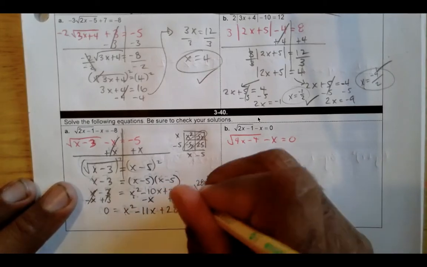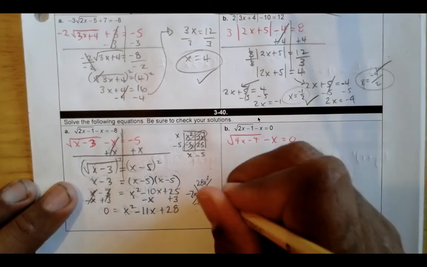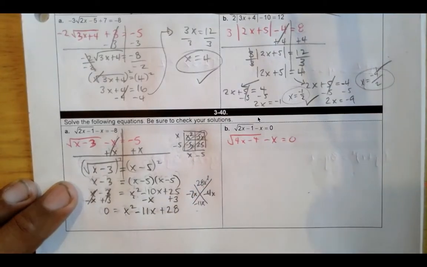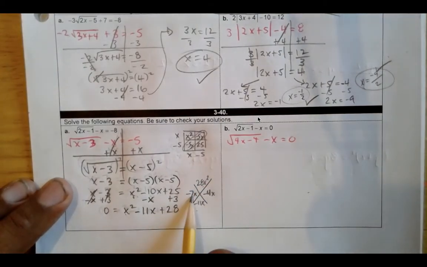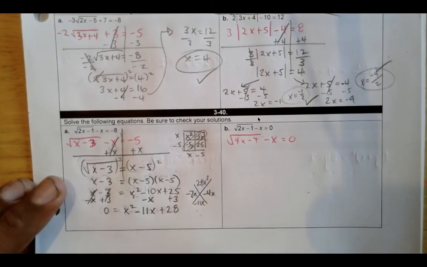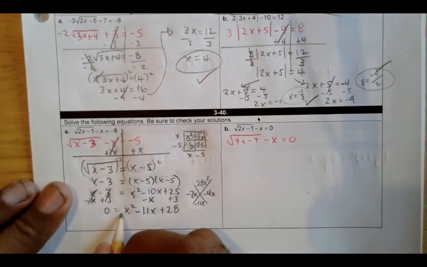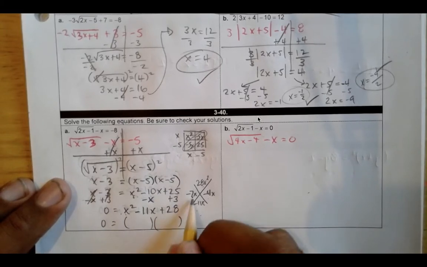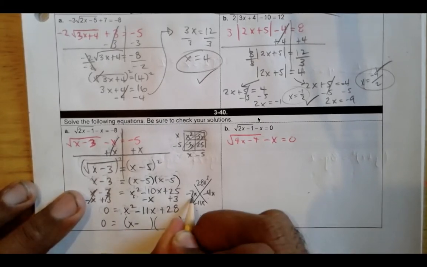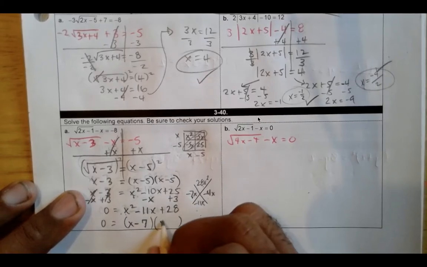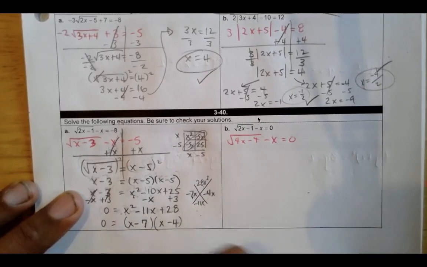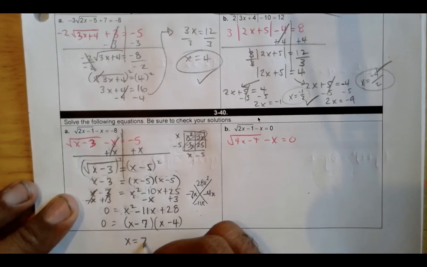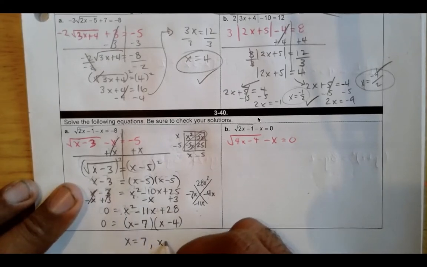Okay, that would be -7x and -4x, because -7 times -4 is 28, and -7 plus -4 is -11. And remember, as I said before, if you have just a 1 here, or there's no number written, then you can go straight to the factors. So basically, here I'm going to have x minus 7, and here x minus 4. And so we'll have x equals 7 and x equals 4.